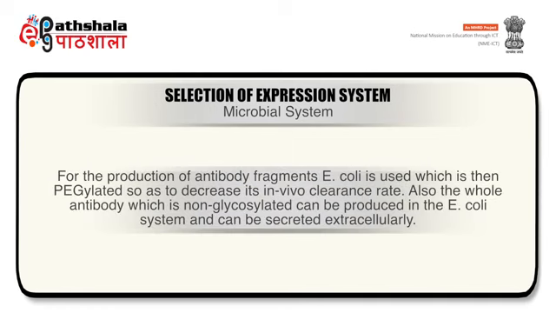For the production of antibody fragments, E. coli was used, which is then pegylated so as to decrease its in vivo clearance rate. Also, the whole antibody, which is non-glycosylated, can be produced in the E. coli system and can be secreted extracellularly.